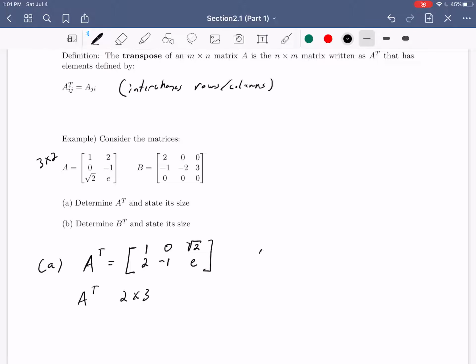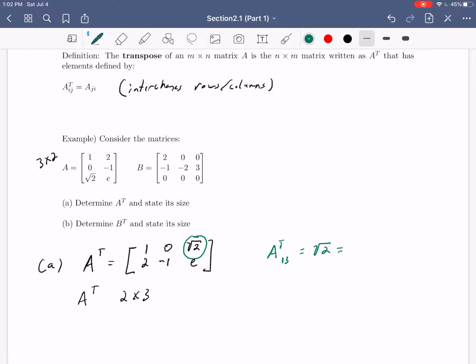If I look at A transpose ij, let's do it in a color so we can make that a little bit easier. Let's just pick one for fun. Let's do A transpose 1, 3. So that element here would be equal to root 2.